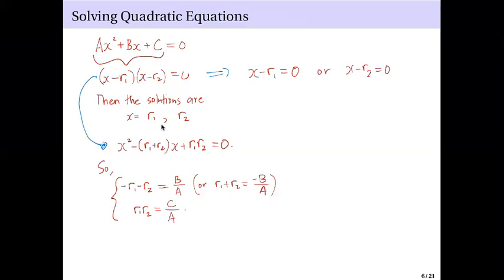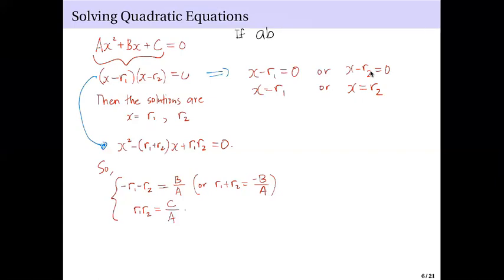That's why you will have x equals r1 or x equals r2. And from here going to this, the property of real numbers that we use is the following.